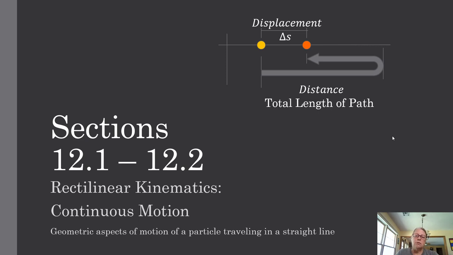So we're going to be looking at rectilinear kinematics. There are two different groups of material that we will be learning about in dynamics. The first is kinematics, and kinematics is the dynamics of motion. So we don't look at how the object became in motion, why is it moving. You can think about free flight.